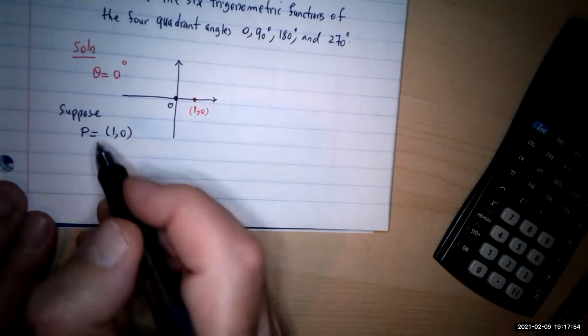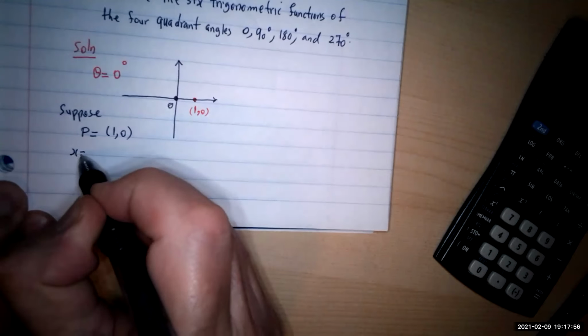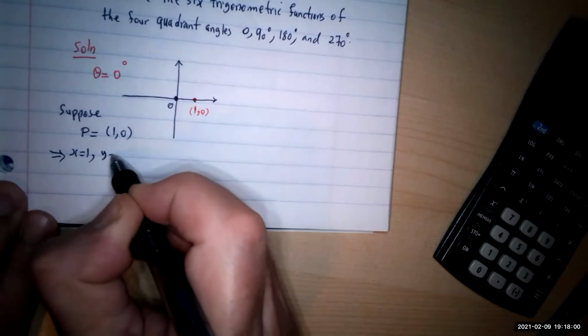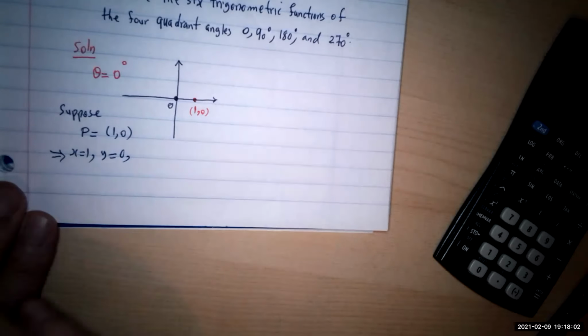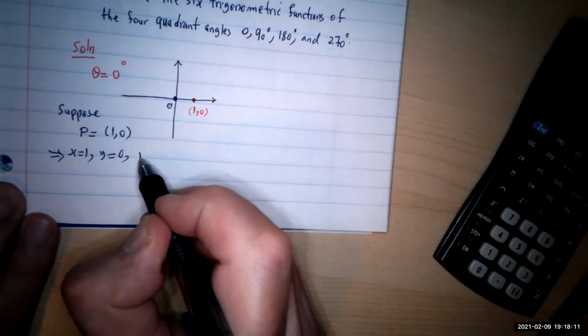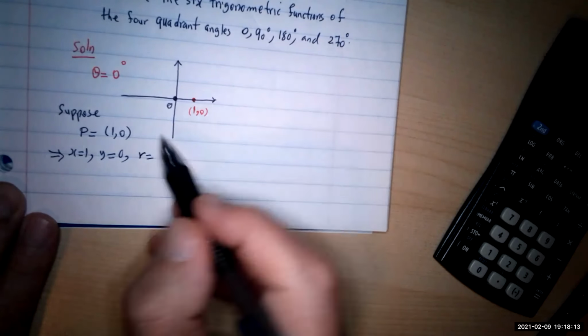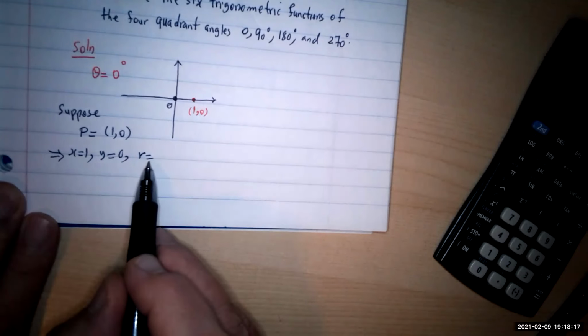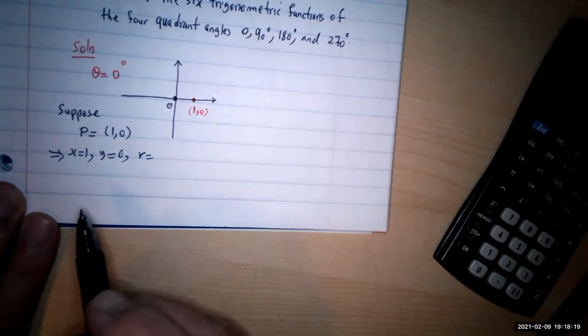That gives you the fact that x is equal to 1, y is equal to 0, and r is the square root of x squared plus y squared, which gives you 1 again. That's why it doesn't matter whatever number you take, 4 and 0, 5 and 0, that number would cancel out.